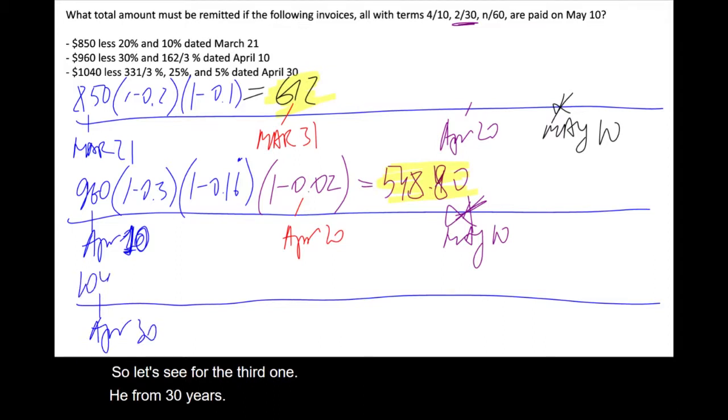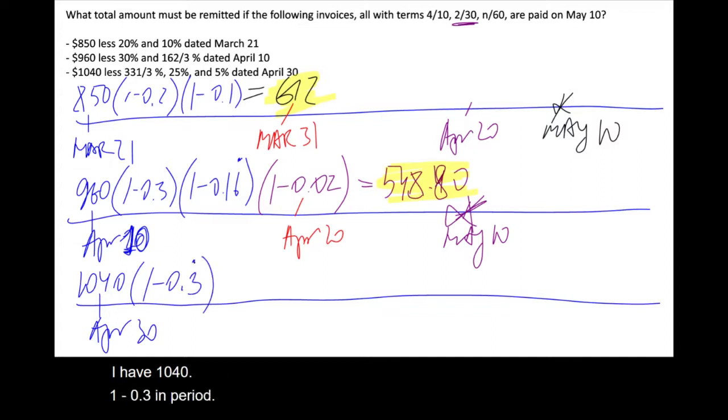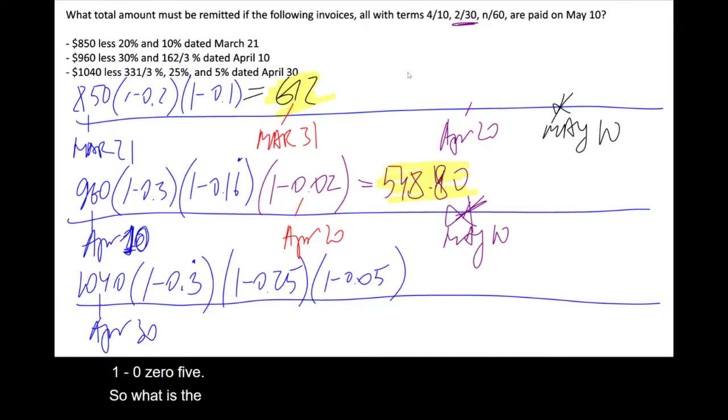I have 1040, 1 minus 0.3 in period, right? 1 minus 0.25, 1 minus 0.05. So what is the first cutoff date? 10 days, April 30th.